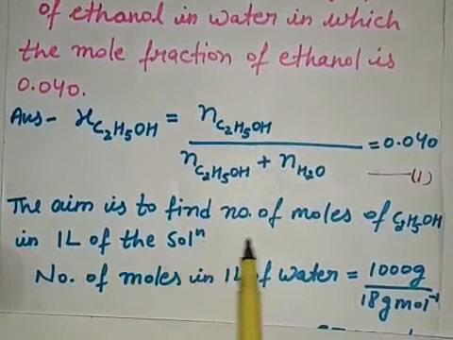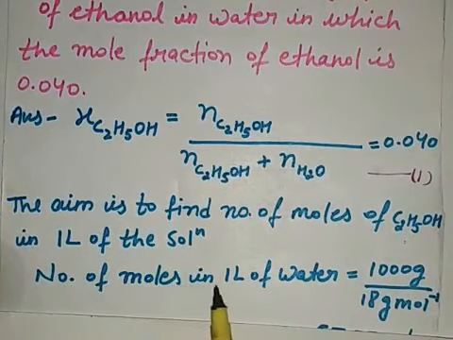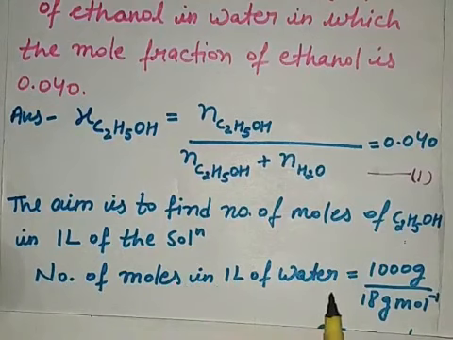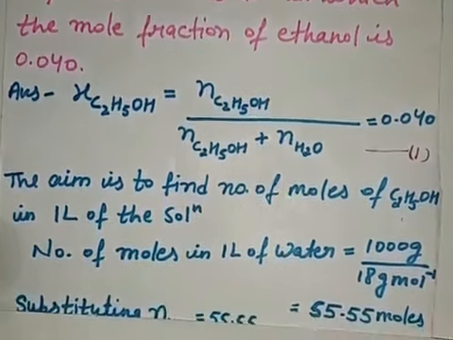The aim is to find the number of moles of ethanol in 1 liter of the solution. Now how can you calculate number of moles? Given mass divided by molar mass. Molar mass of water is 18 gram per mole and the given mass of water in 1 liter is 1000 gram.